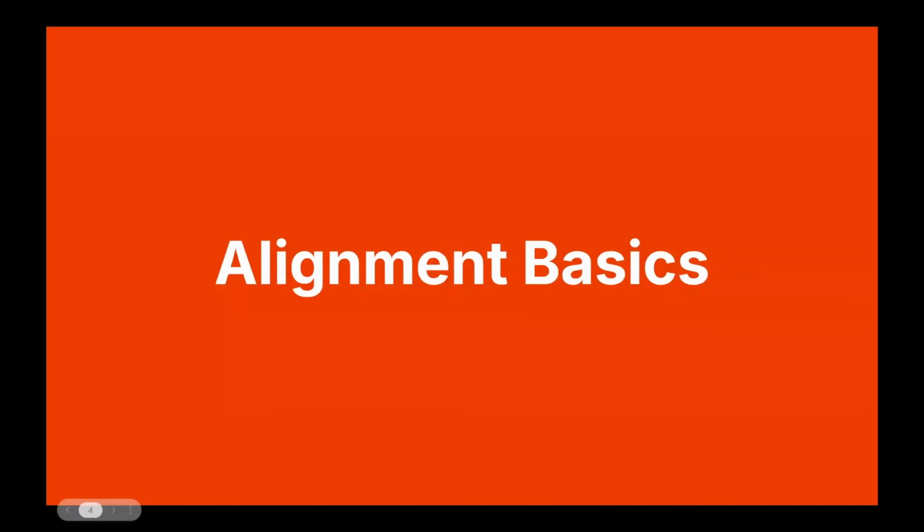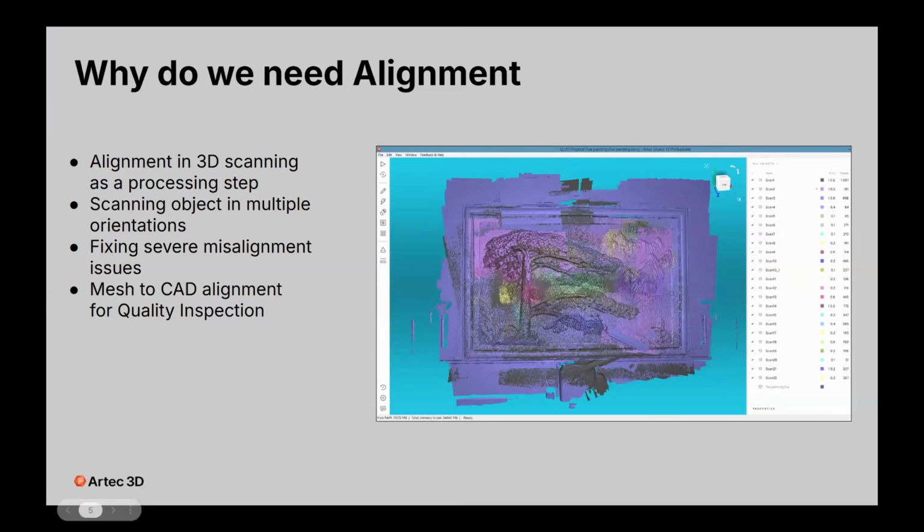So yeah, let's start off with the alignment basics. Why do we need alignment at all, actually? Alignment in 3D scanning is an essential processing step in creating our final model. You will use the alignment in 99% of all of your projects.